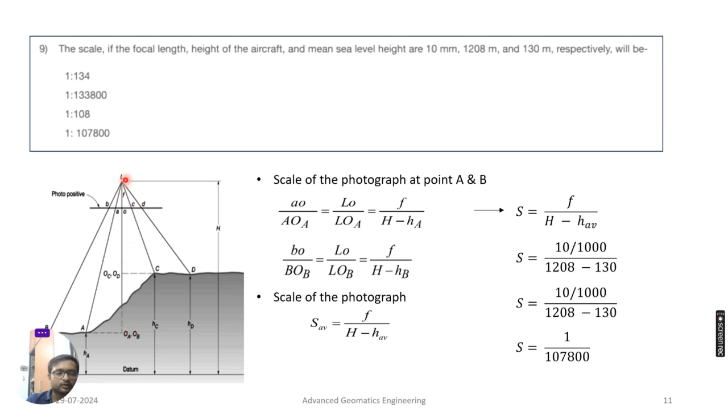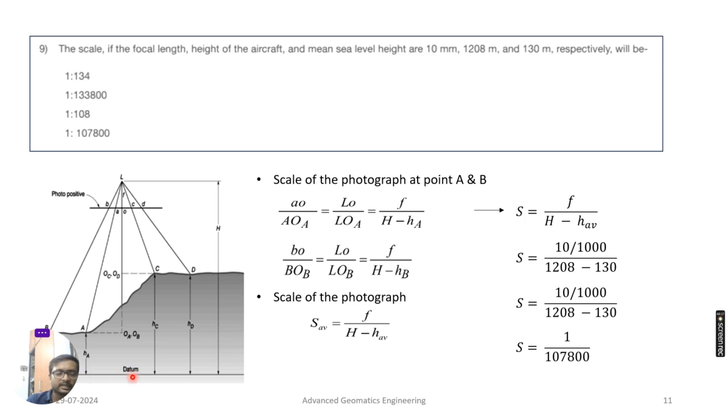Now I put in the values of these terms: LO is the focal length of the camera, F. LOA is the distance from the object to the camera. And this is the datum, through which you measure all the vertical distances.